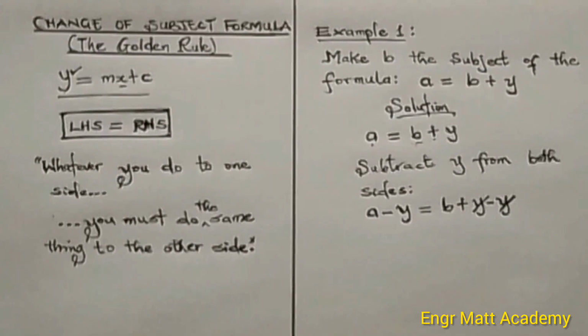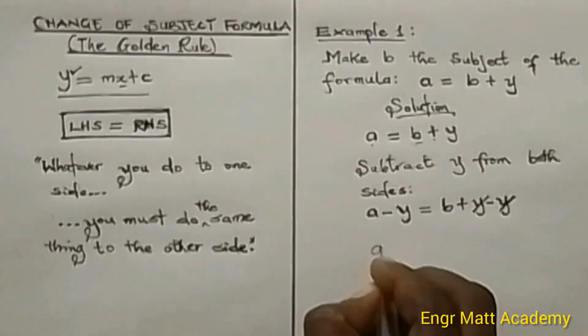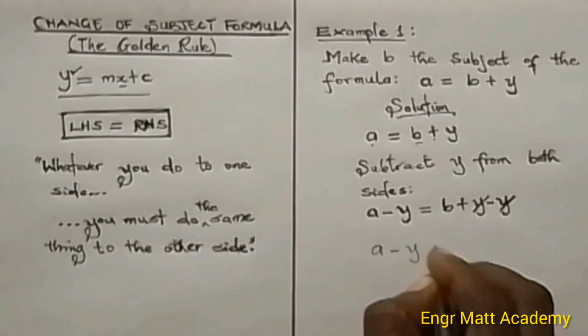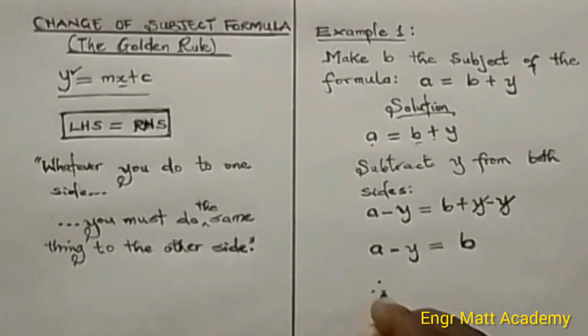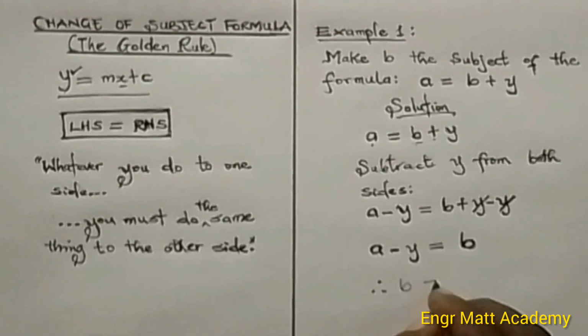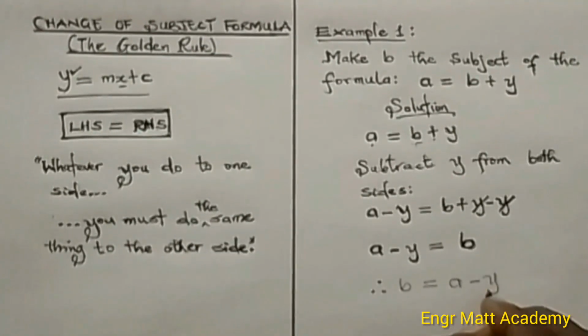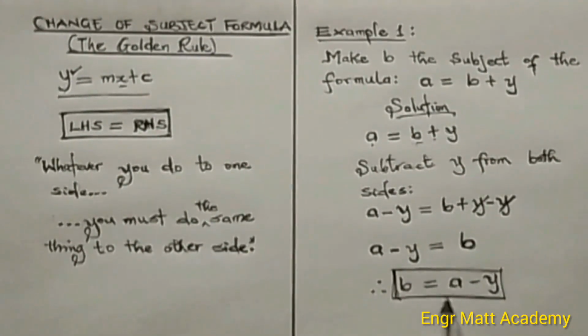So what do we have left? We have A minus Y equals B. Therefore, B is equal to A minus Y. Now that B is standing alone, we have successfully made B the subject of the formula.